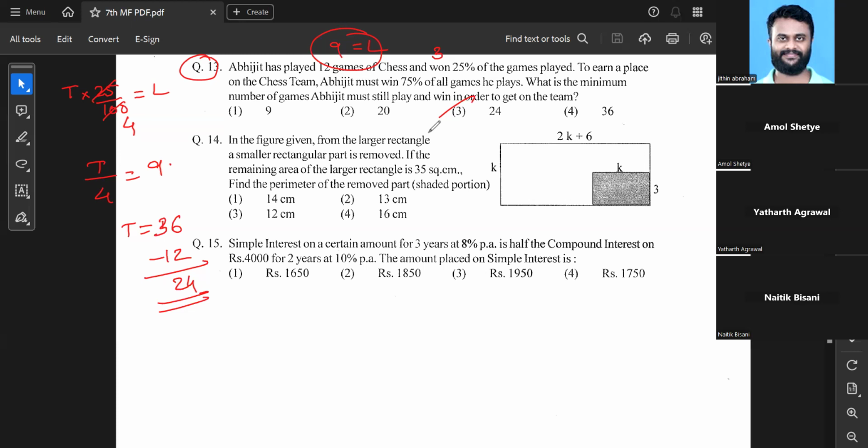Sir, I did it by trial and error. It is totally fine. I did it for 25% with 12 matches, so for 75% it is multiplied by 3, which is 36. Now he has played 12 matches, so 36 minus 12 is 20.